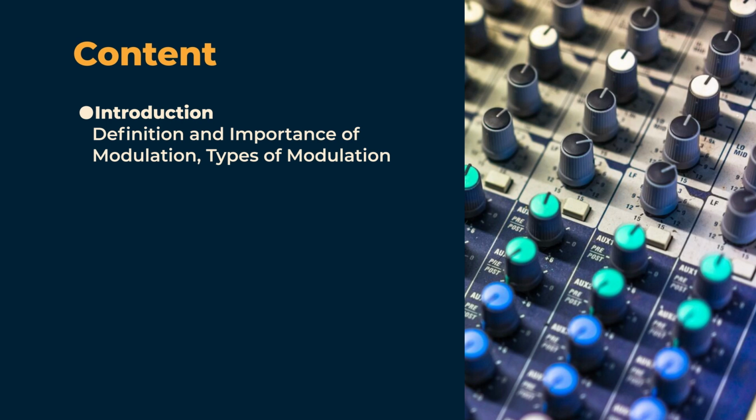I will quickly outline the two major types of modulation techniques, which are amplitude modulation and angle modulation. Since amplitude modulation is already covered, today's focus will be on angle modulation.